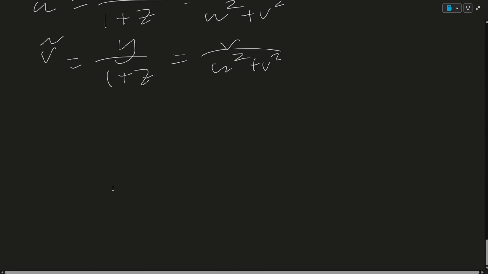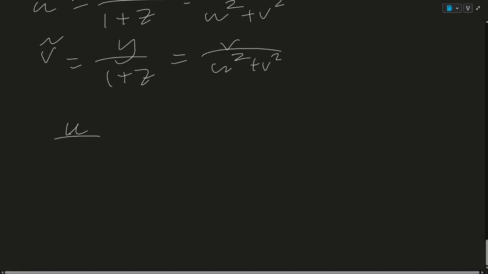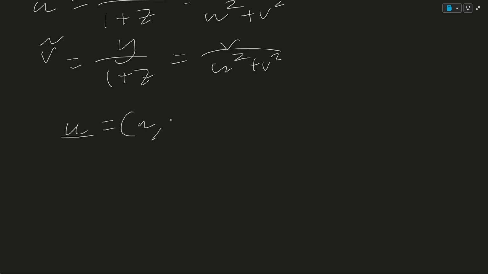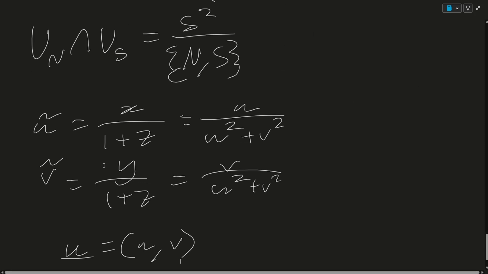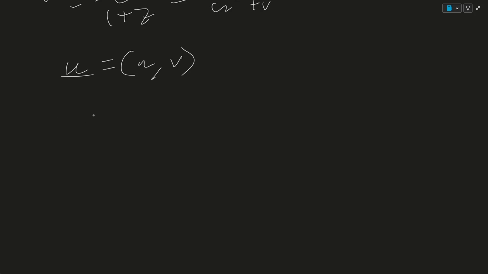And so we can now look at what the composition of this is. If we were to take a vector, I'm going to stick to underlining for this series because it's useful for bold, this is going to be (u, v). We now see that the composition of the inverse and our phi_S on u is simply going to be u over the absolute value of u squared. Well, what is this? It's an inversion in the unit circle.